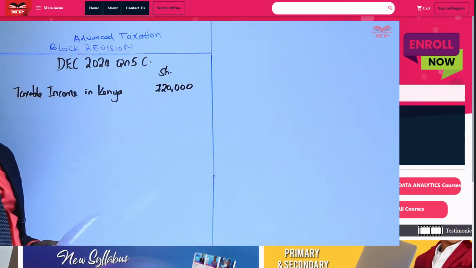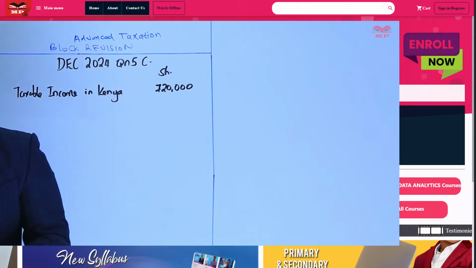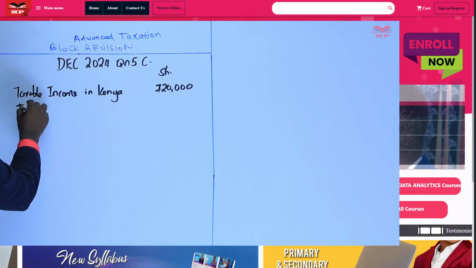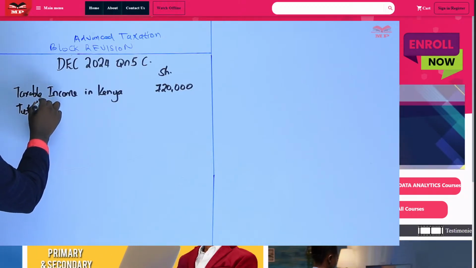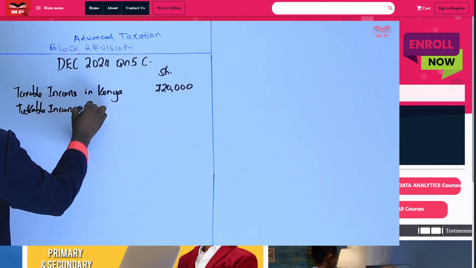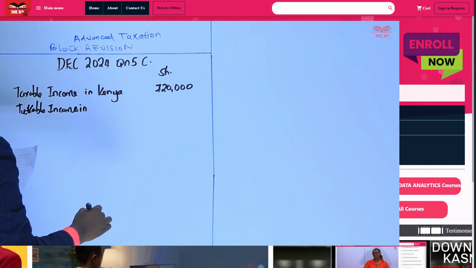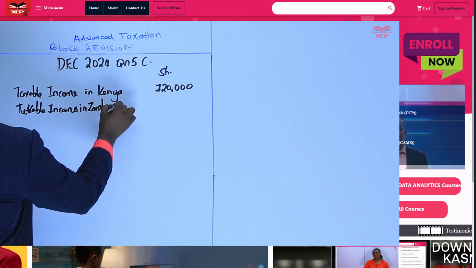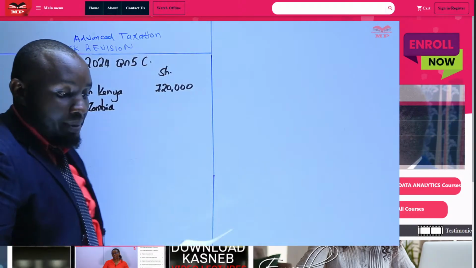That is the figure for the taxable income in Kenya. Then we have taxable income in Zambia.